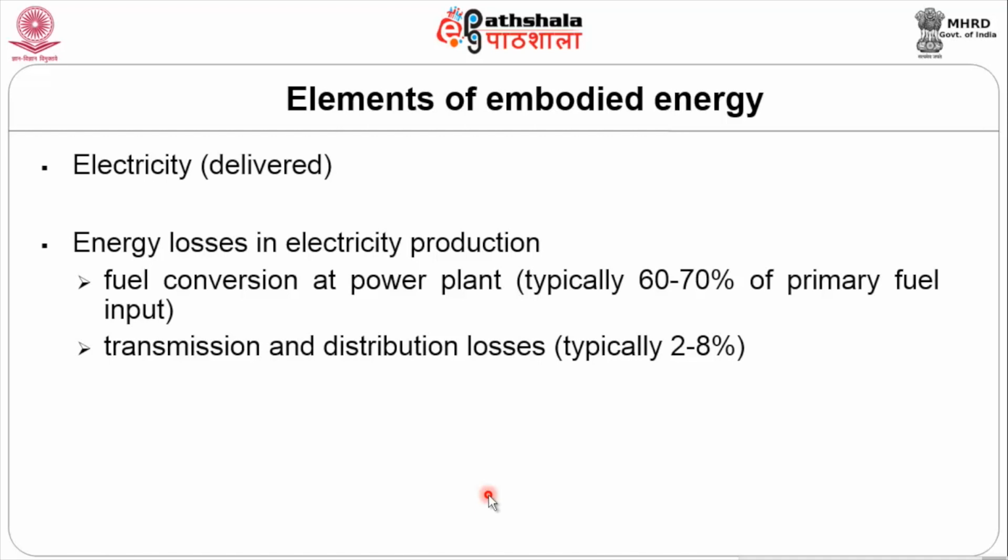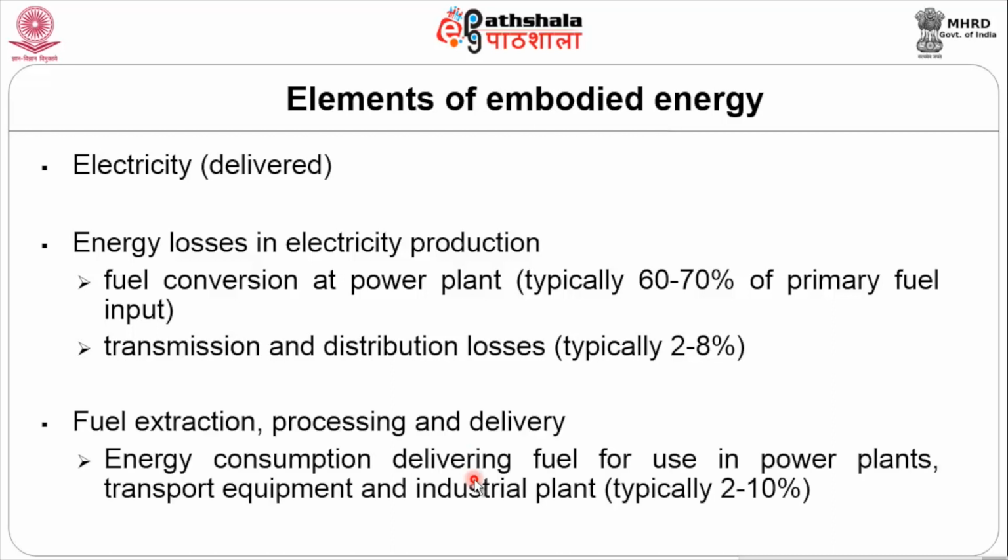The various elements involved in embodied energy are electricity which is delivered to the site and energy losses in production, that is converting these materials into fuel, where nearly 60 to 70% can be consumed and the other percentage goes into wastage. Similarly, the transmission and distribution losses are nothing but fuel extraction, processing and delivery.